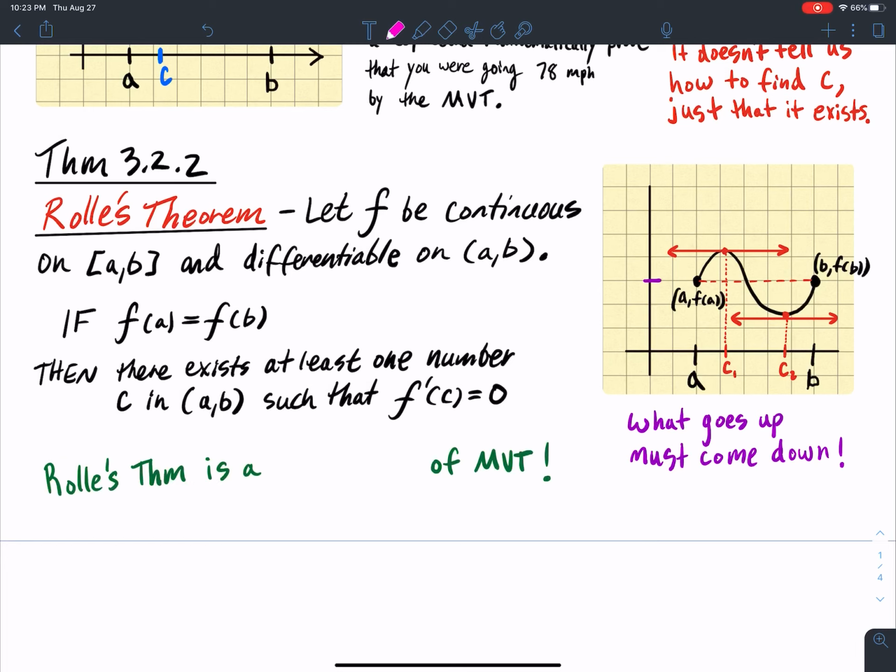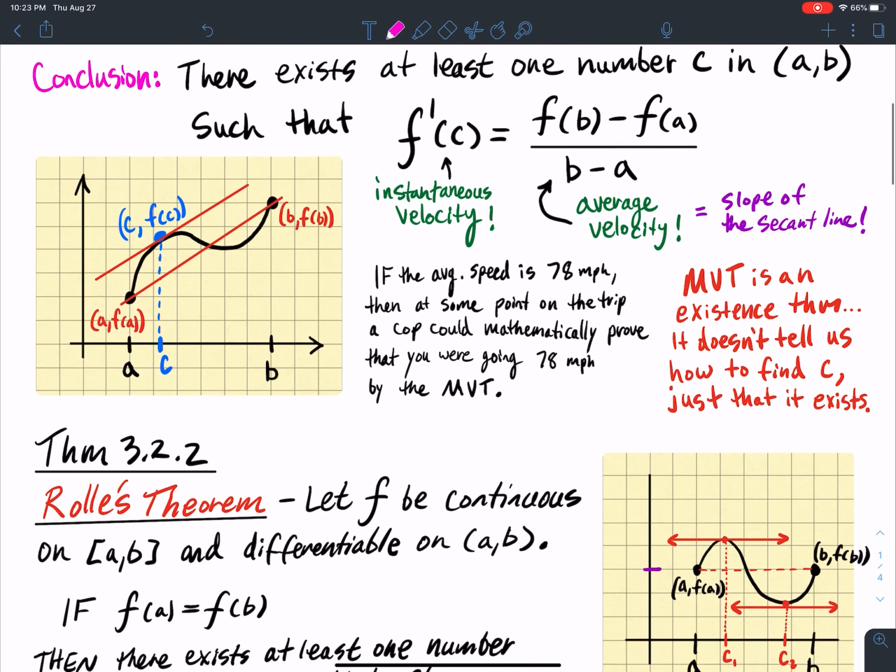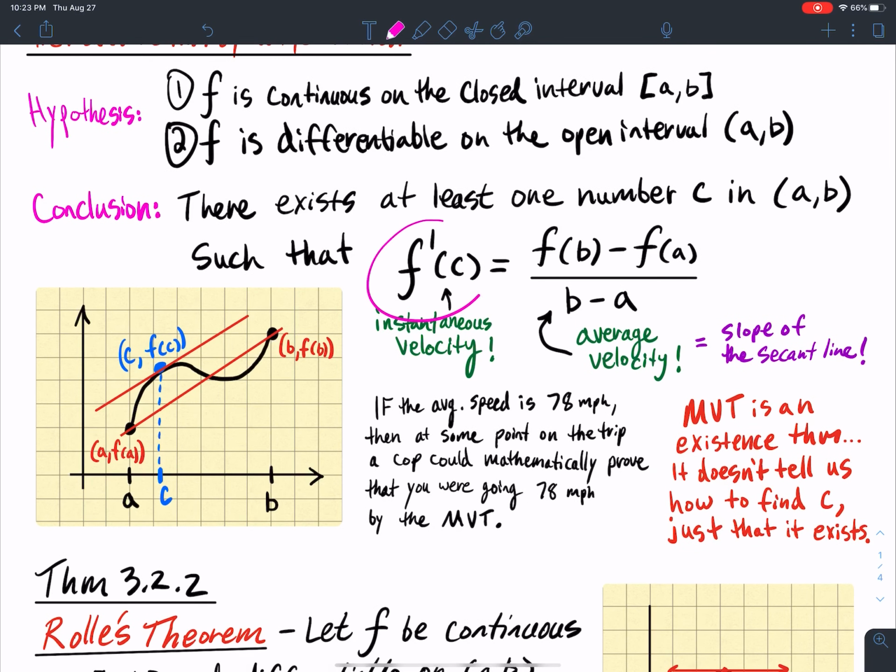So Rolle's theorem is just a special case of the mean value theorem. What do I mean by that? If you think back to the mean value theorem, it says the derivative evaluated at that c point, that number between a and b, is equal to the slope of the secant line of the endpoints.